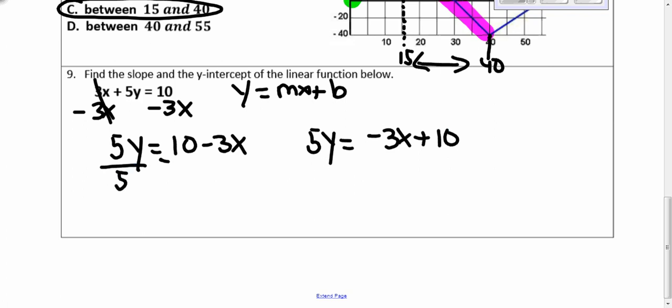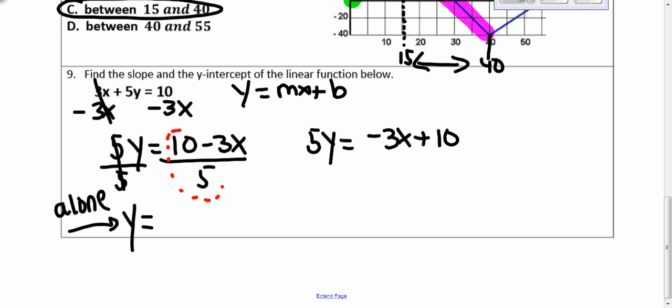Then you divide by 5 on both sides. 5 cancels, y comes down. That's what you wanted to do, is to get y alone, because you have to solve for y equals mx plus b. Now you're going to do some division, and the division right here is 10 divided by 5. 10 divided by 5 is 2. This right here you know is the slope, so you're going to leave that fraction alone.